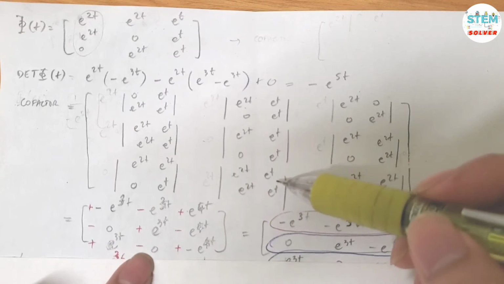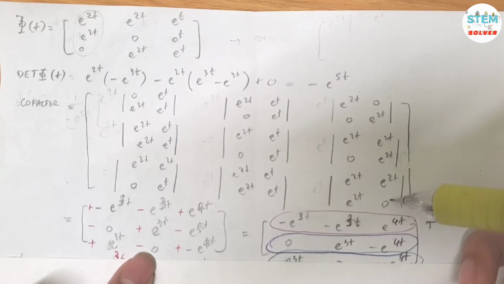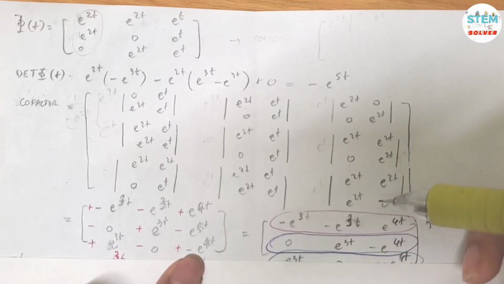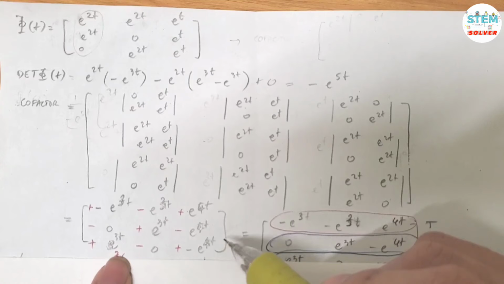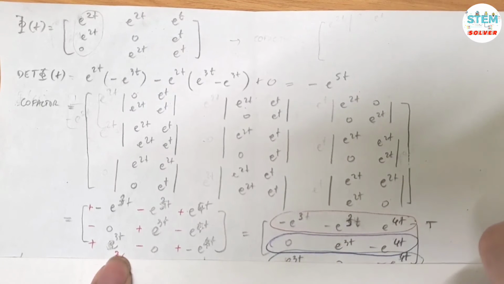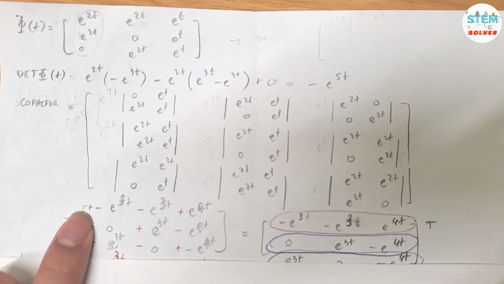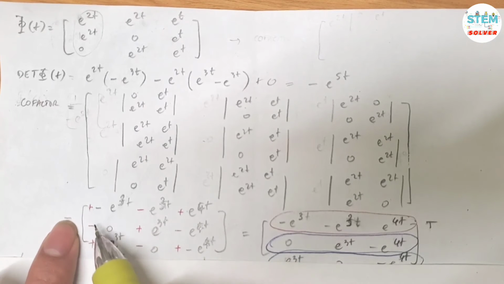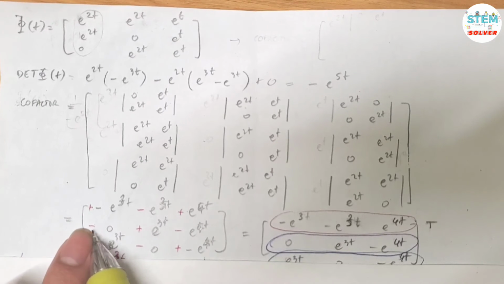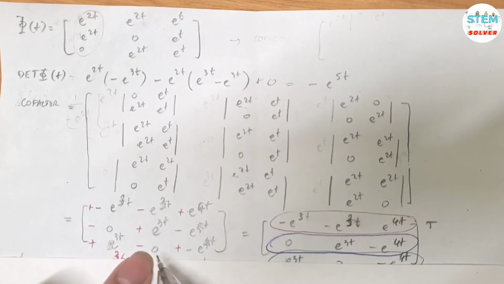This one, e to the 3t, 0, negative e to the 4t. After you have those entries, you need to find their signs. By convention, you always start with positive, and then alternate. So positive, negative, positive, negative, positive, negative, and so on. So here you have negative, then positive, negative, positive, negative, positive.